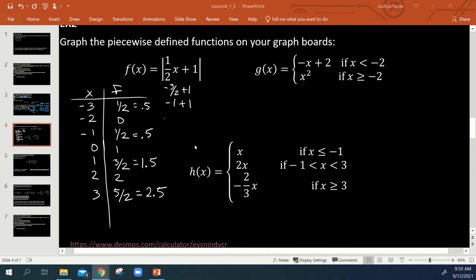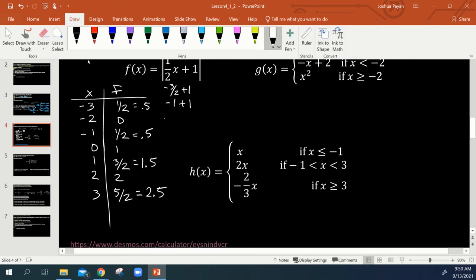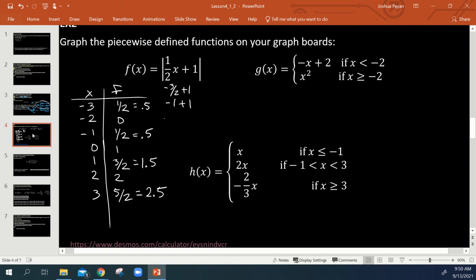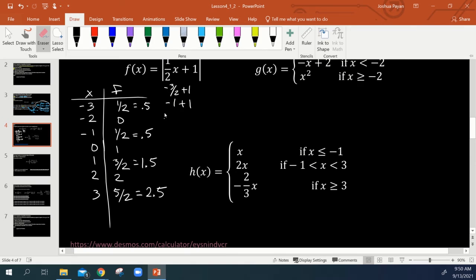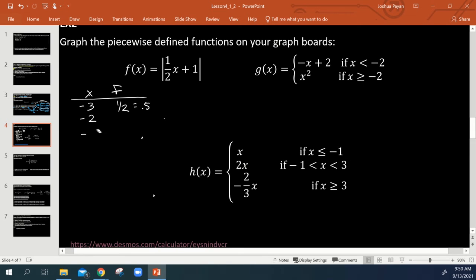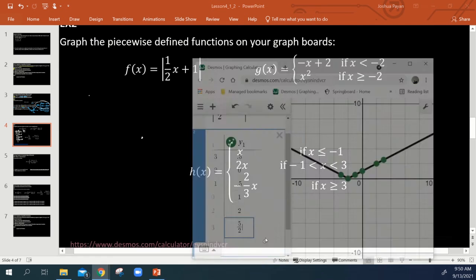Now, this one isn't defined in piecewise as we know it from the previous example, right? So piecewise looks like this. But we don't have it defined that way. Let's go ahead and define it that way. It wouldn't hurt to look at the graph.